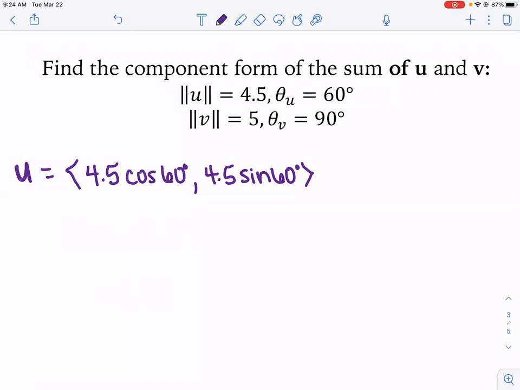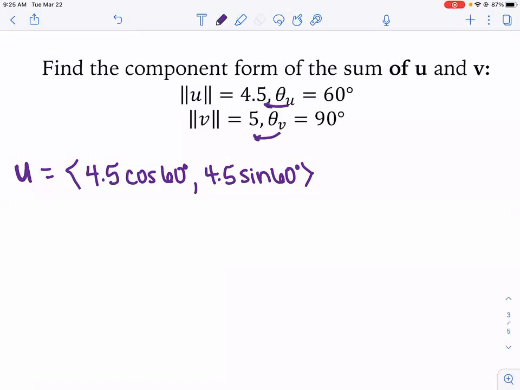You're mumbling, what? Why is the theta there? Yes. So this is the angle for this guy.